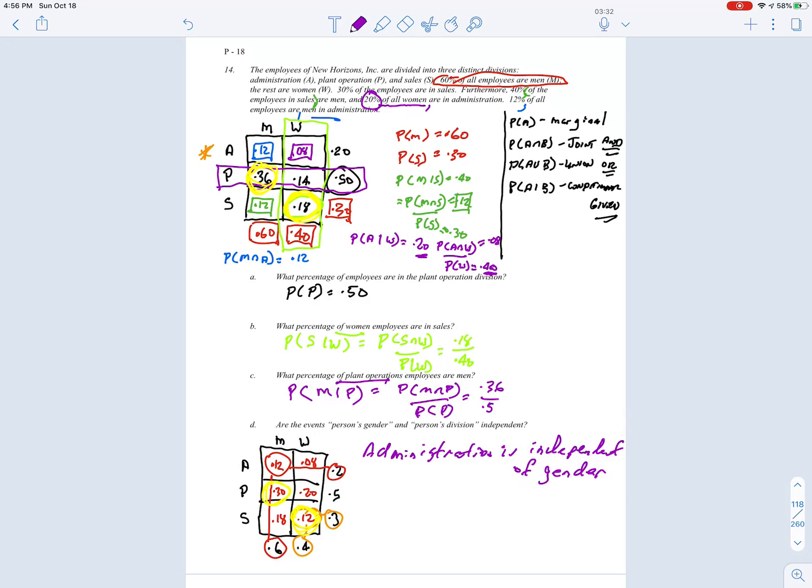However, we've got more men in plant than expected.